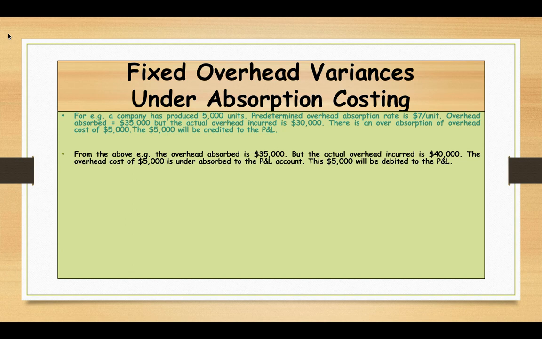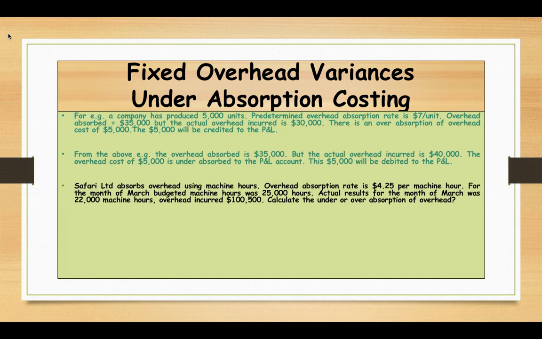So we'll see another simple example here. Safari Limited absorbs overhead using machine hours. Overhead absorption rate is $4.25 per machine hour. So this is our budgeted overhead absorption rate.